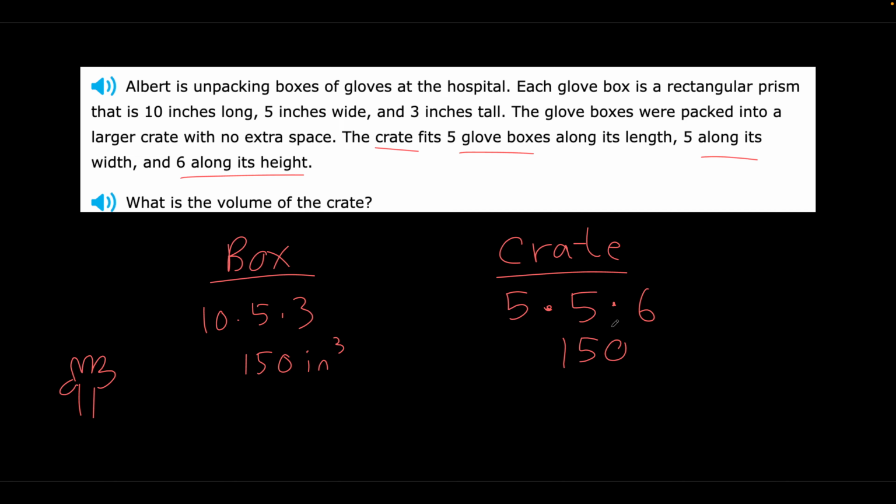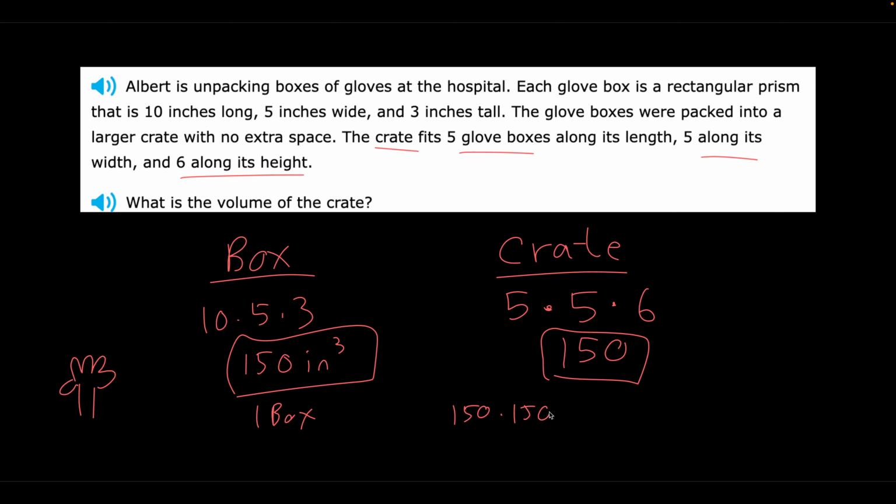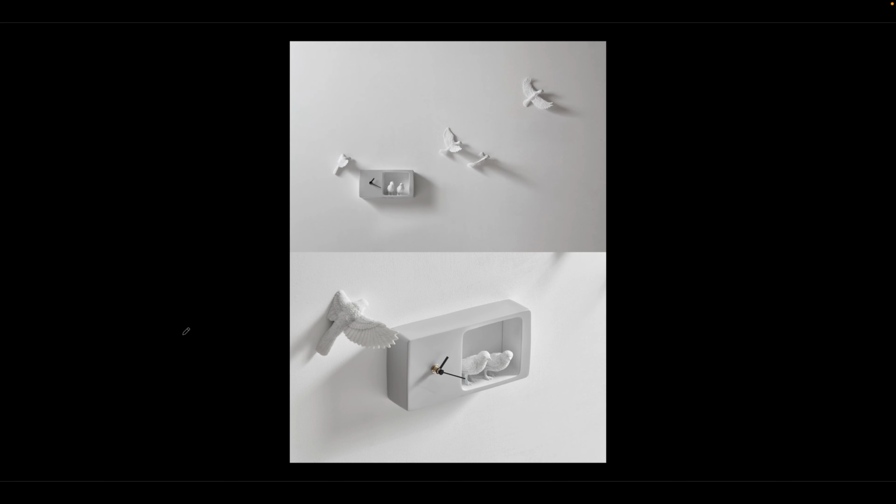So now we know this is how much one box is, and this is how many boxes can fit. So let's just multiply 150 times 150, and that will tell us the volume of the crate. So when you multiply that, 150 times 150, we get 22,500 cubic inches.